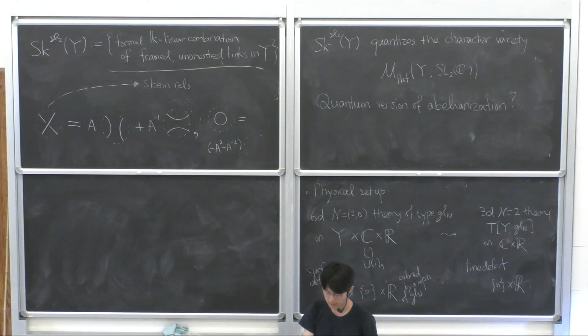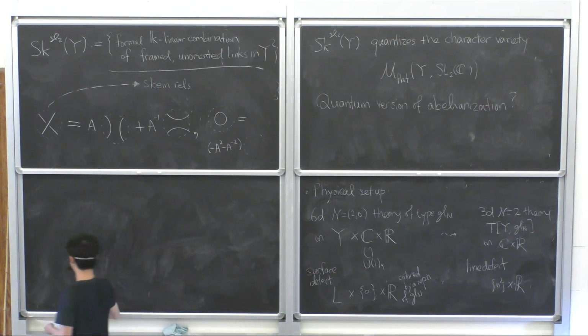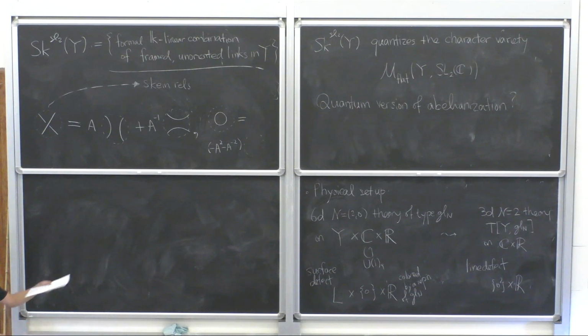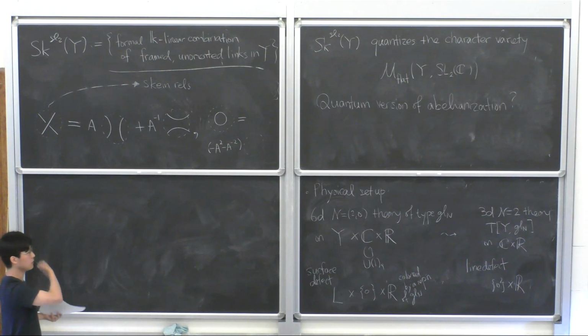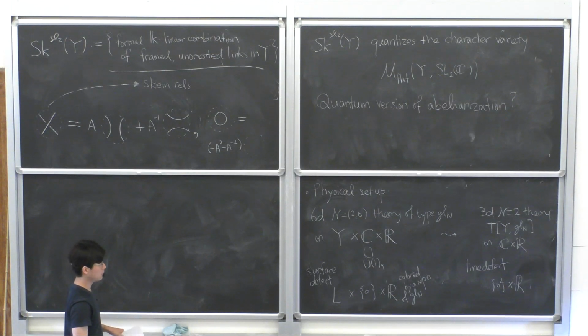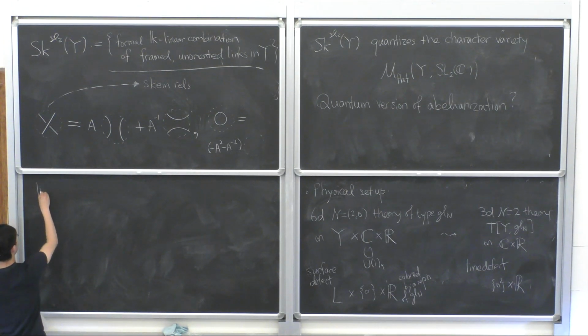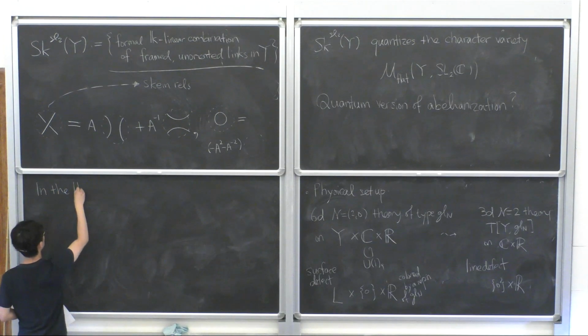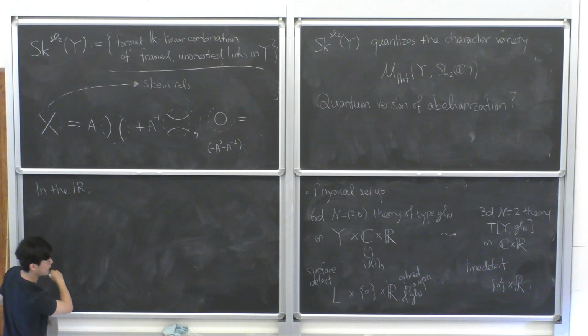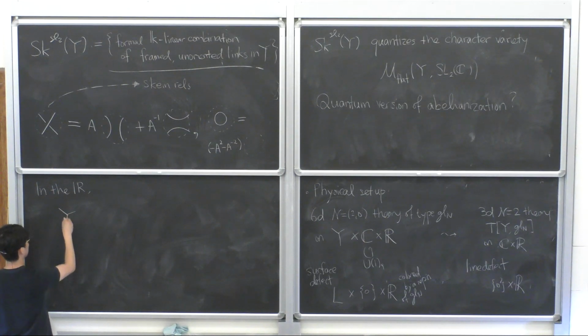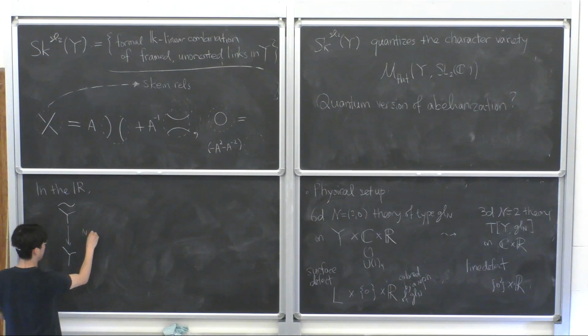Just like in the case of 4D N=2 theories of class S, where as you go to the Coulomb branch we get a spectral curve, which is a branched cover of our UV curve. As you go to the IR, we're going to get some branched cover of Y that is an n-to-1 cover.